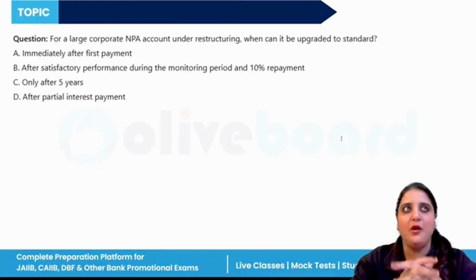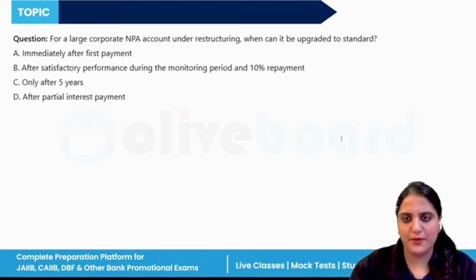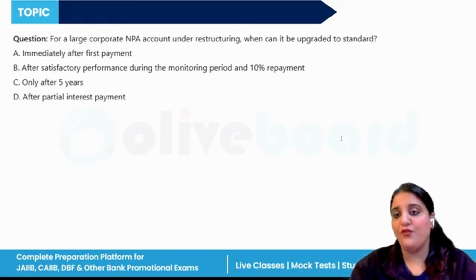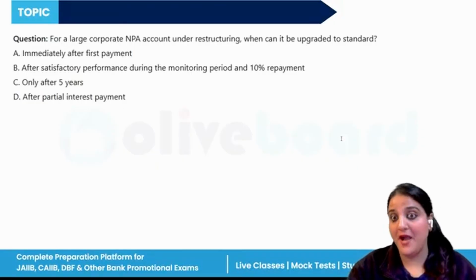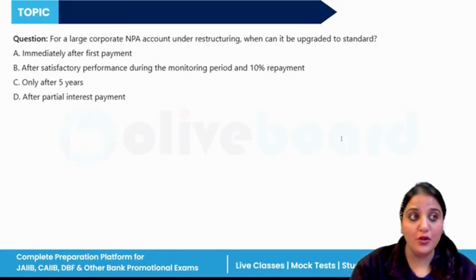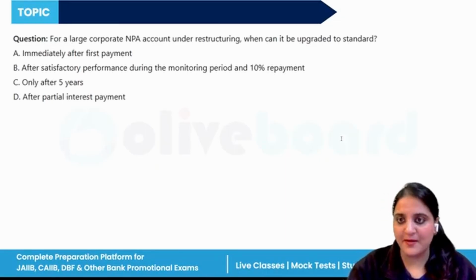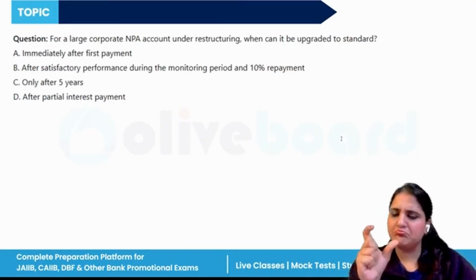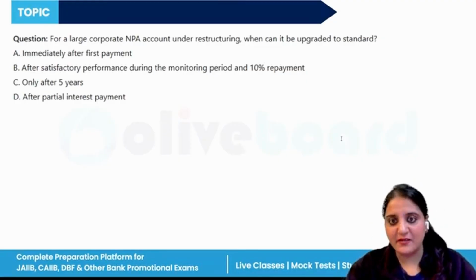We have to learn about the conditions of the upgradation. You can think that there is a large corporate borrower, Mr. Agarwal, whose account was restructured and classified as NPA. Now, the bank needs to check whether all the facilities under his account are performing well. Only after a certain monitoring period can the account be upgraded.